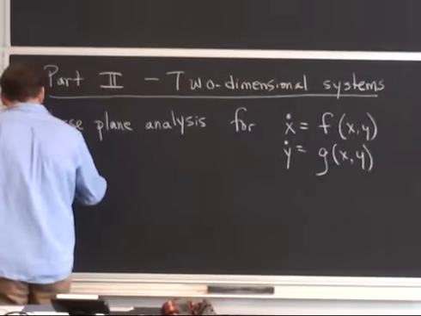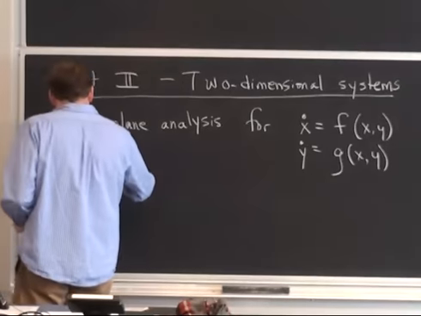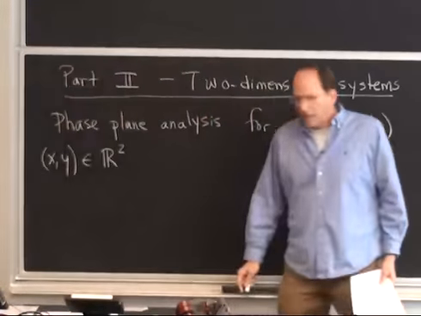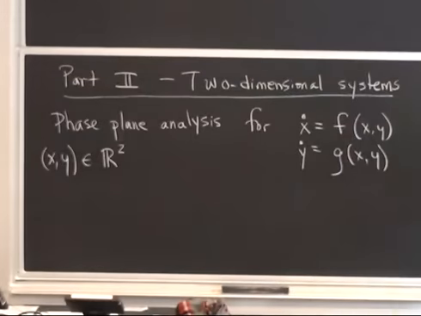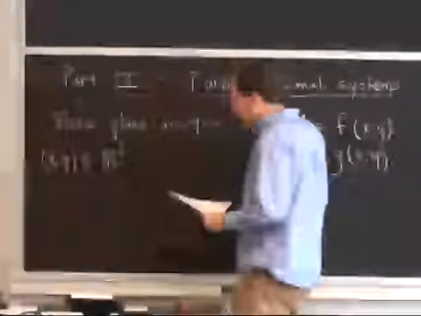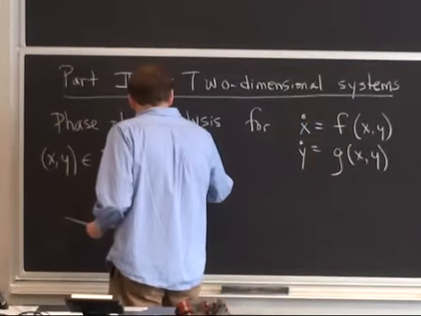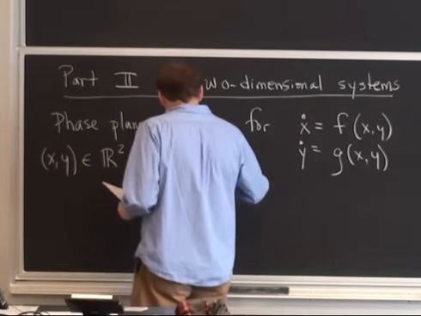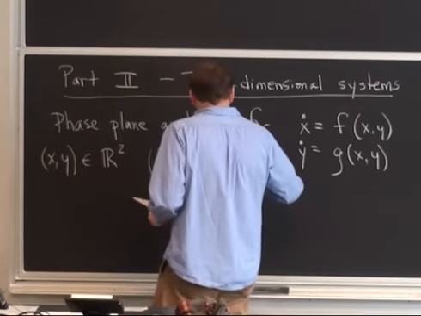So just some notation here. We sometimes write x, y as an ordered pair. It's in the plane R2. We think of x dot and y dot as a velocity vector.